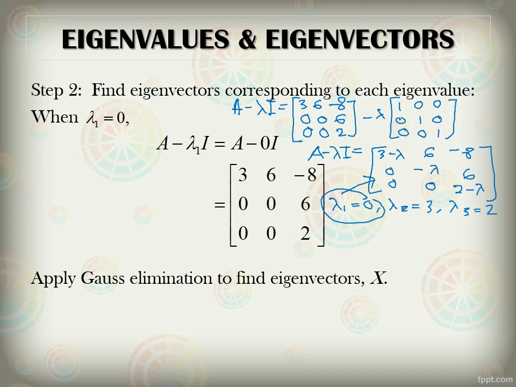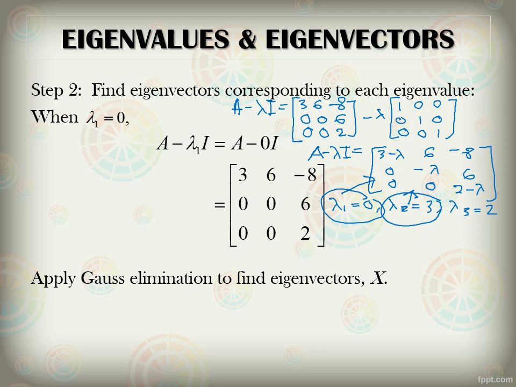Then you repeat the same process by substituting the second eigenvalue, which is 3, into this equation, and proceed with the operation needed to find the eigenvector for the second eigenvalue.